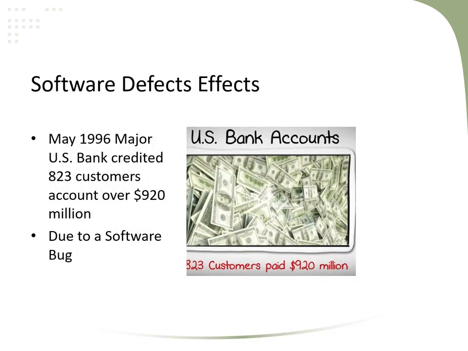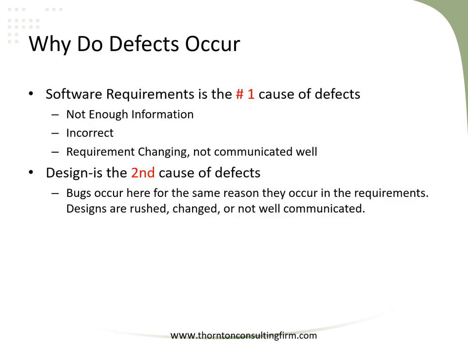Another example: back in May 1996, a major U.S. bank credited 823 customers' accounts with over $920 million. And again, this is a result of a software defect.